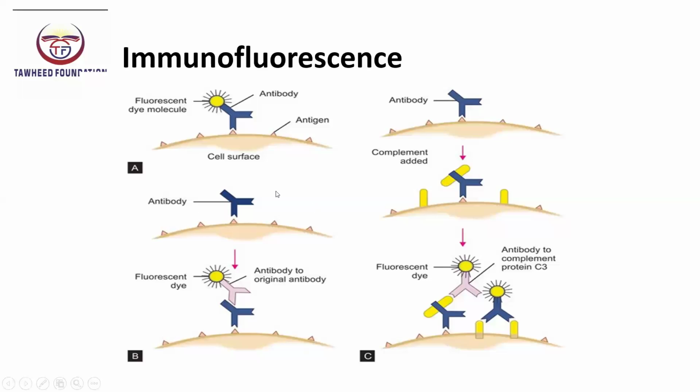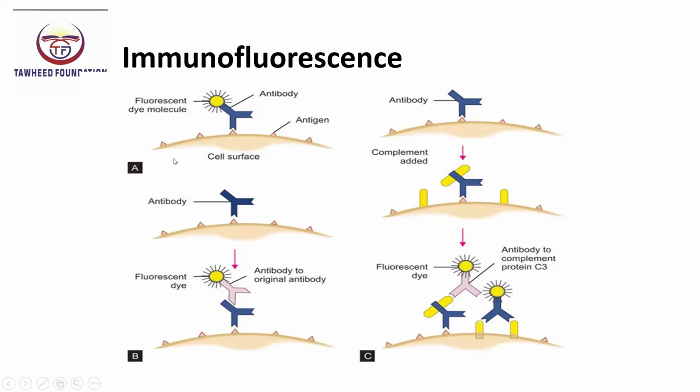Fluorescein, the fluorescent tag, is a fluorescent dye that can be chemically linked to antibodies. Under UV light, it emits bright green fluorescence. This allows scientists to visualize the precise location of the antigen in tissues or cells.